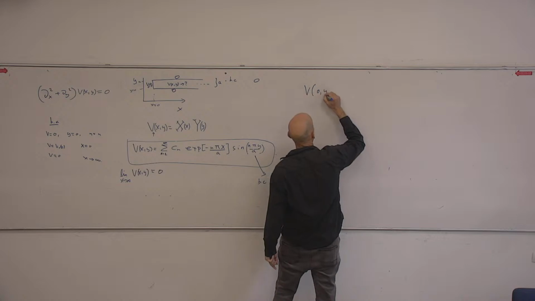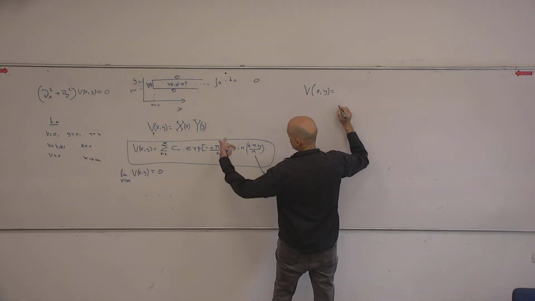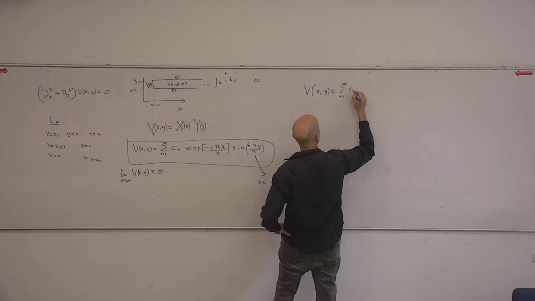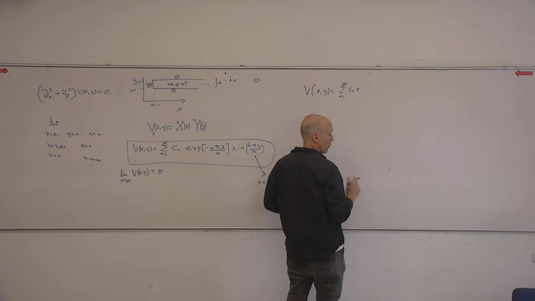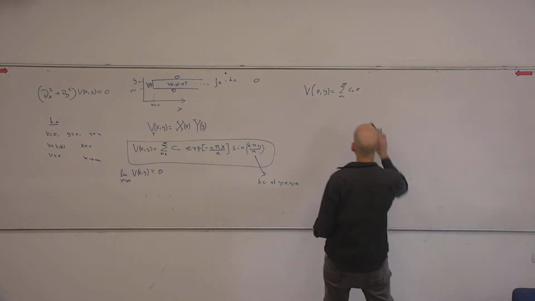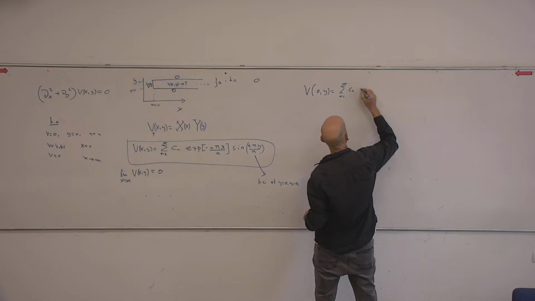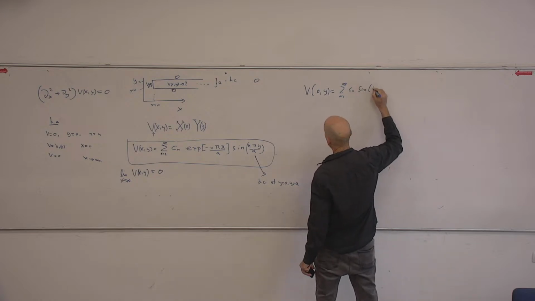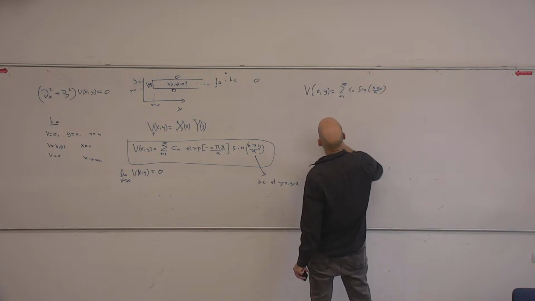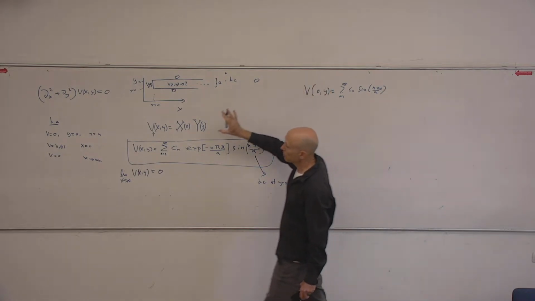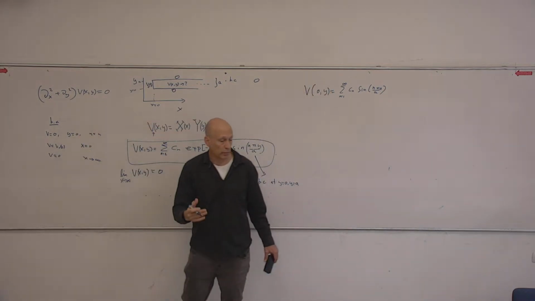So V0(y), this general solution, is the sum over n equals 1 till infinity of Cn, and at x equals 0, e to the 0 is 1, times sine n pi y over a. This is given, and soon we will give some specific example.